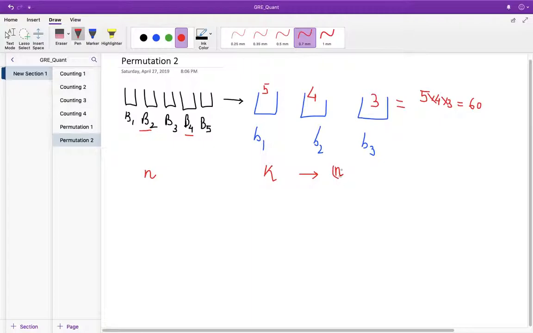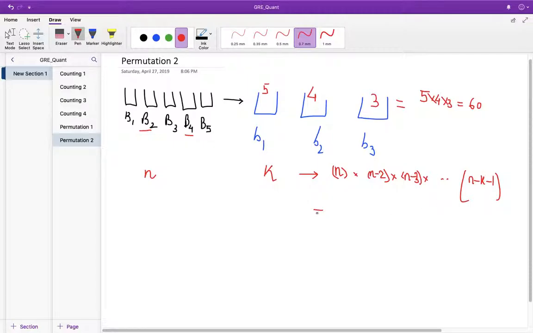You would fill the first bucket in n ways, the second bucket in n minus 1 ways, the third bucket in n minus 2 ways, and so on and so forth. And so the last bucket would be filled in n minus k plus 1 ways. And this would amount to k buckets.